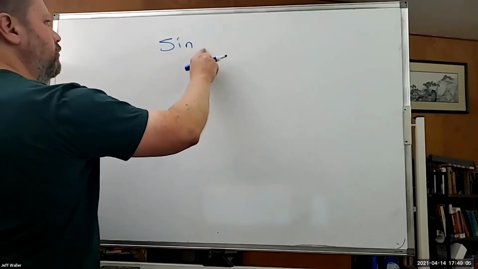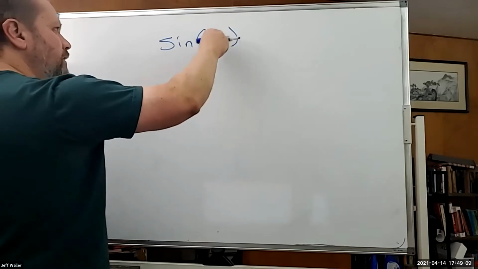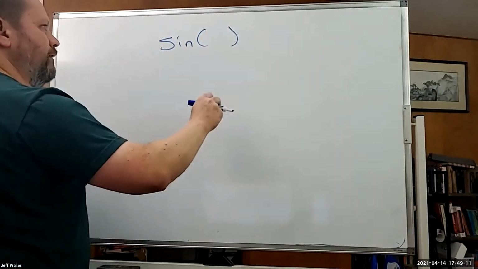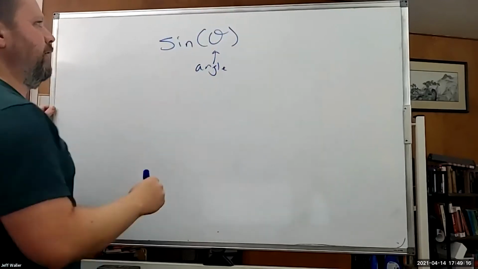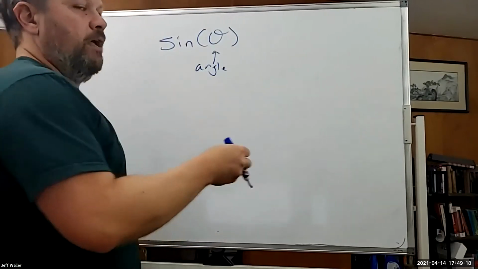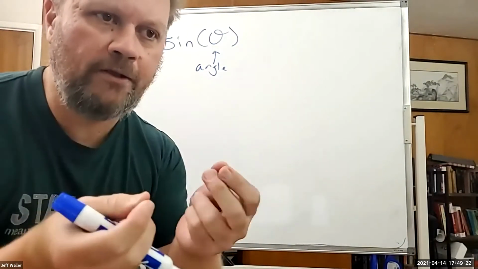What kind of thing do I put into a sine? Physically, what is it that I put in here? An angle measurement. So I put an angle in there, and very often we use theta, but sometimes we use x, but we know it's an angle. It's some representation of an angle.